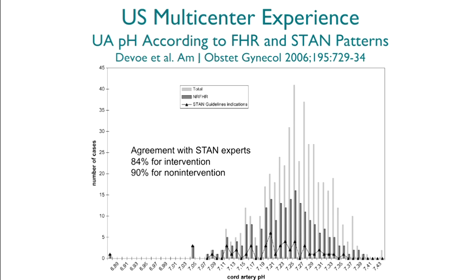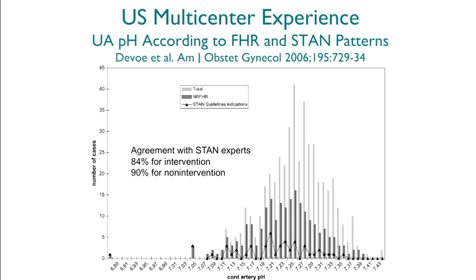But more importantly is this graph here. In the x-axis, these are the cord artery pHs, and the y-axis is the number of cases with each of these cord artery pHs. The gray columns are the total number of cases that had that particular cord artery pH.